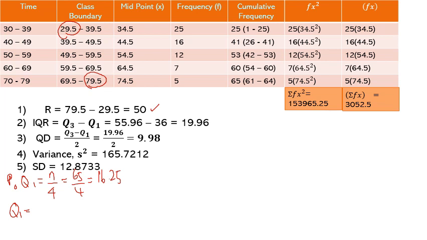The lower boundary 29.5 plus (n over 4, 65 over 4, minus the cumulative frequency before, which is 0) over the frequency in the class, which is 25, times C, the width of the class, which is 39.5 minus 29.5, we got 10.